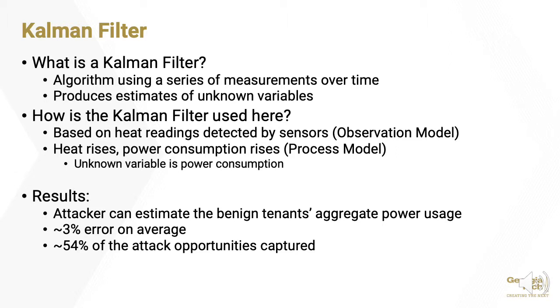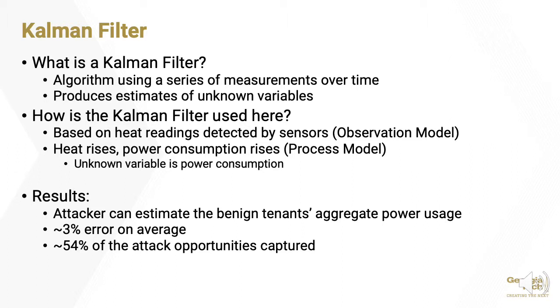Now, how is the Kalman filter used in this experiment? Well, the current temperature reading is affected by the server's power usage over the past X number of time slots. The readings are based on the sensors in the attacker's servers. The attacker needs a process model to characterize the dynamics of the other tenant's power usage over time.